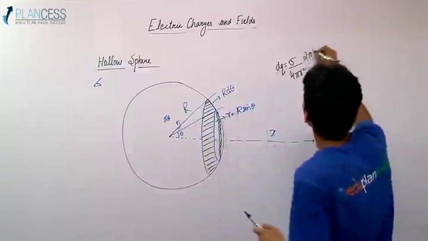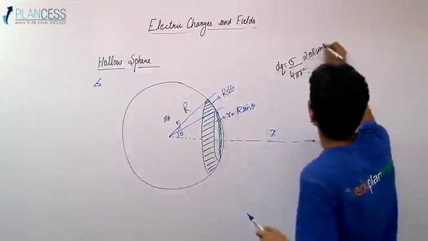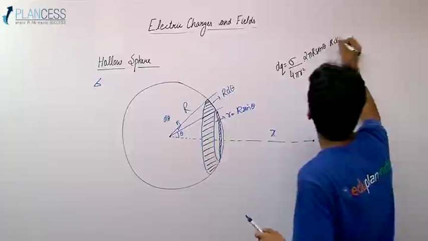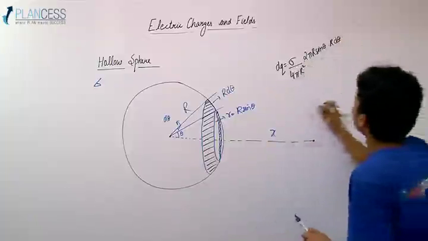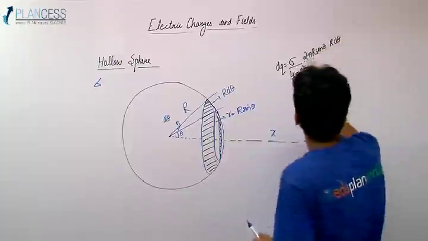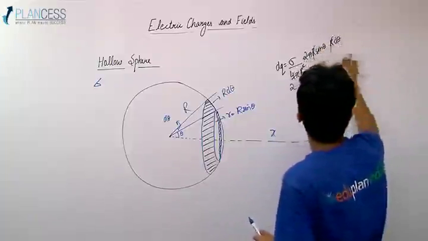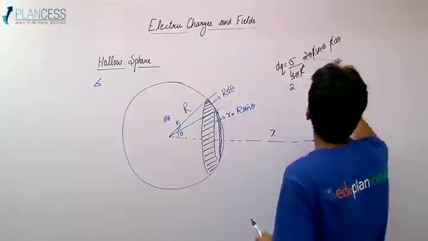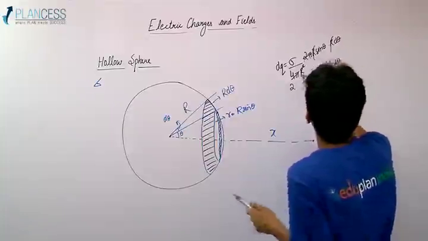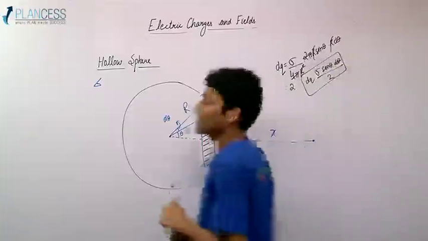So it would be sigma times 2 pi R sine theta into R d theta, and the R square would cancel out to 2. So dq = sigma sine theta d theta by 2 is the charge on the ring.